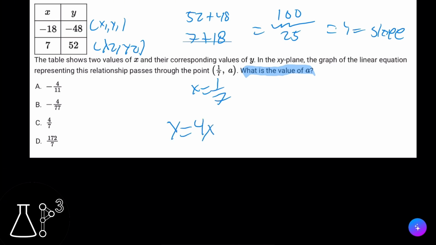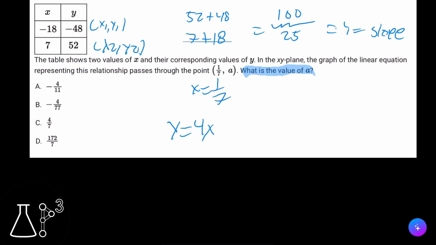And this is important now, because what I've got to look for now is my y-intercept. And why is that important? In order to find the value of a when x equals 1 divided by 7, I've got to find my y-intercept so I can plug it in.